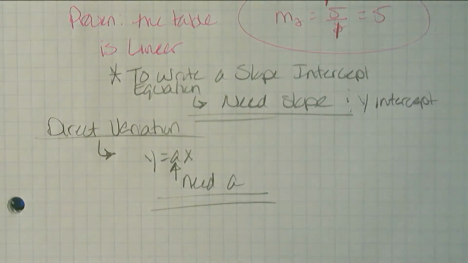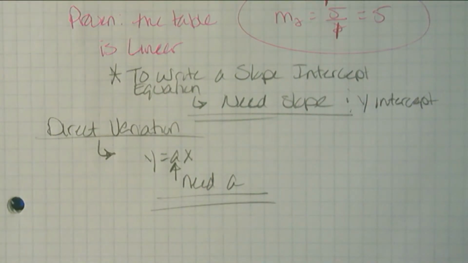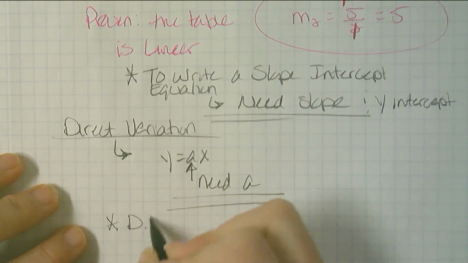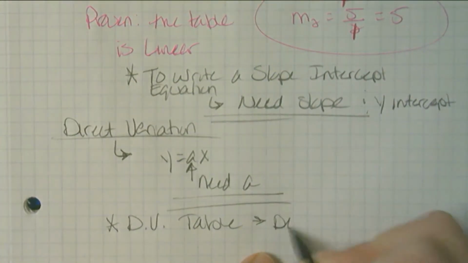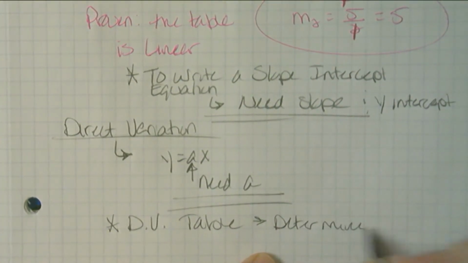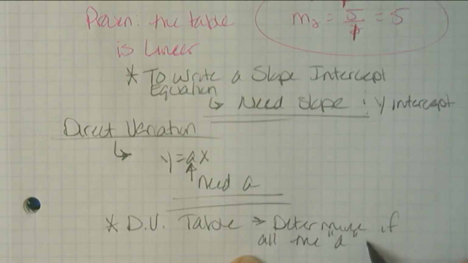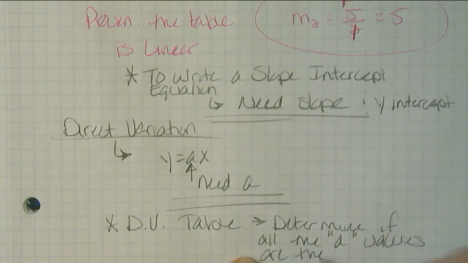All right. So we are to determine if we have a direct variation table. We just need to see if all the A values are the same. So for a direct variation table, we need to determine if all the A values are the same.